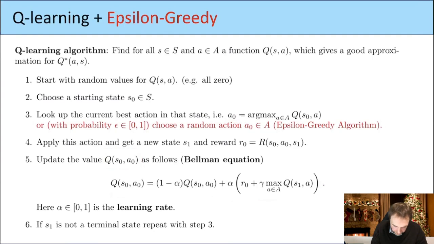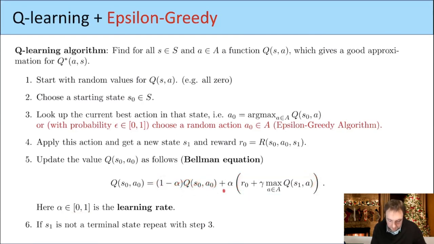And so first of all, we have again this so-called learning rate, which somehow tells us how fast we change our mind. So we have some value in this Q. And now we want to update this. And what this factor alpha just tells us is how important this new information will be. So here we have this 1 minus alpha. We take the old value plus alpha and then the new value. So if alpha is 1, then we forget completely what was the current value, and we just take this number here.